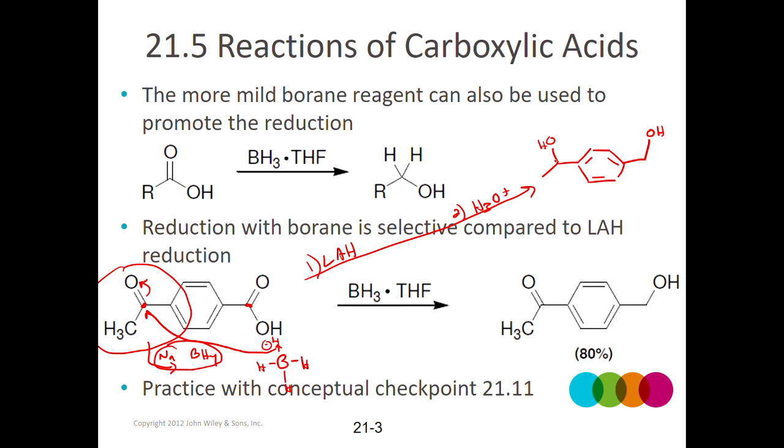So if I wanted to reduce each of those carbonyls, I would use LAH. So this borane reagent is really only useful if you want to selectively reduce a carboxylic acid and not an aldehyde or ketone that would also be present somewhere on the structure.